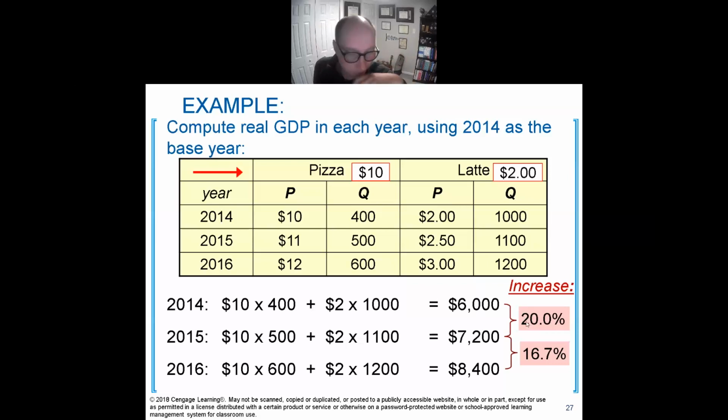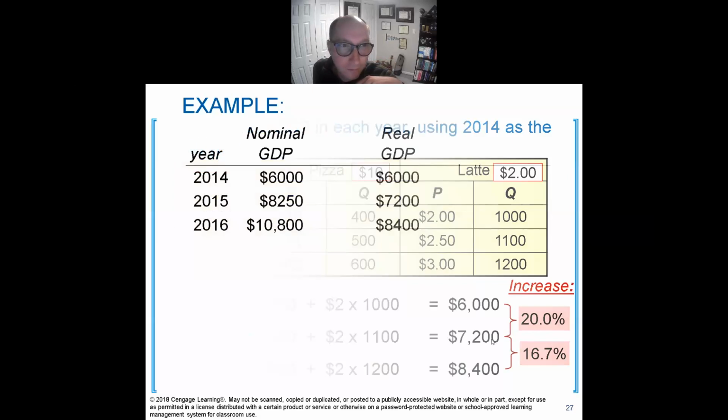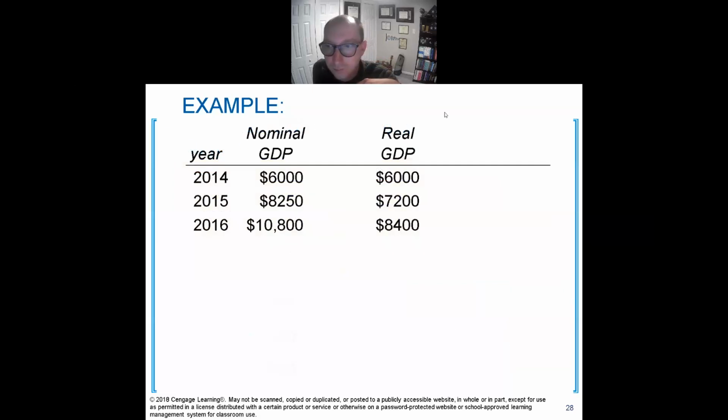That gives us 20%. Of course, for 15 to 16, 16 minus 15 divided by 15 gets us to 16.7. Just a matter of remembering the formulas is all.